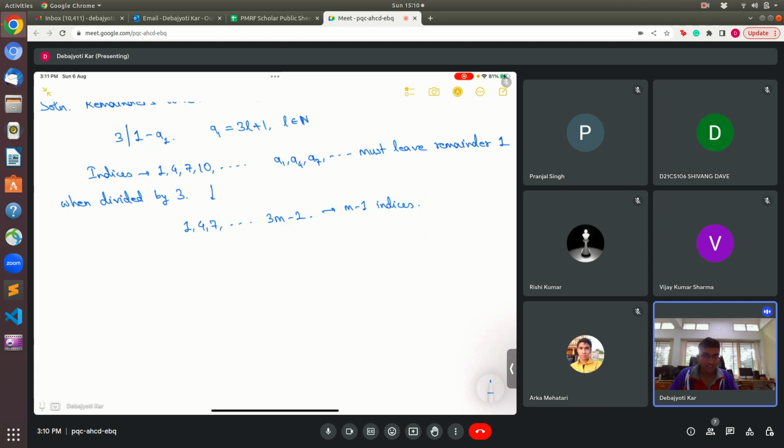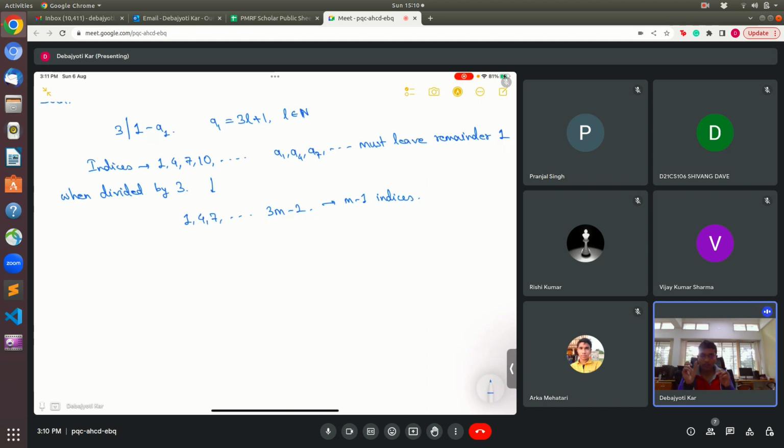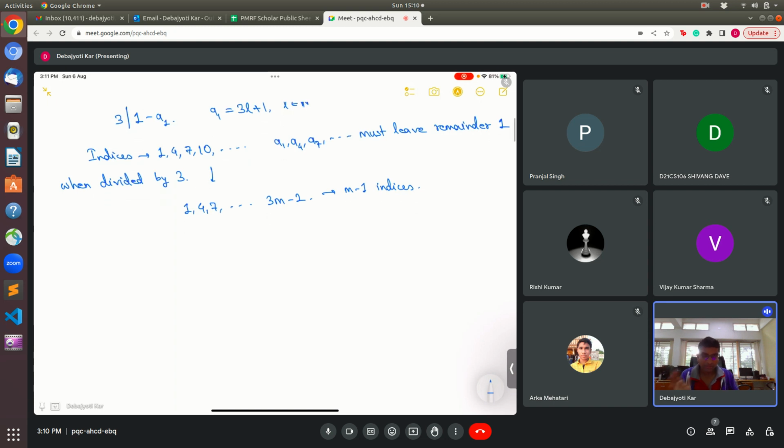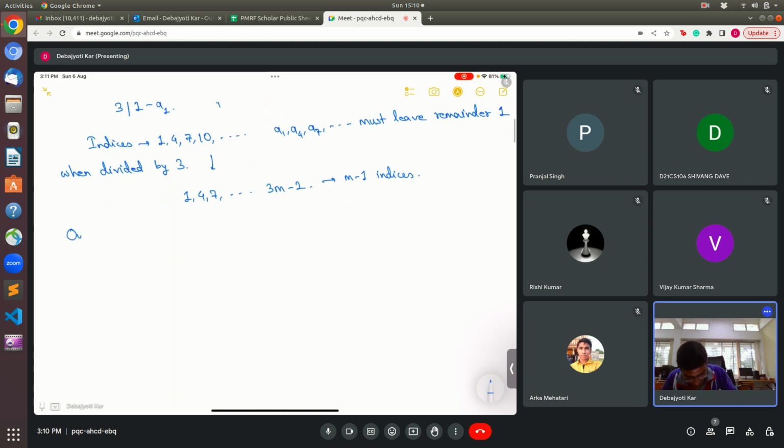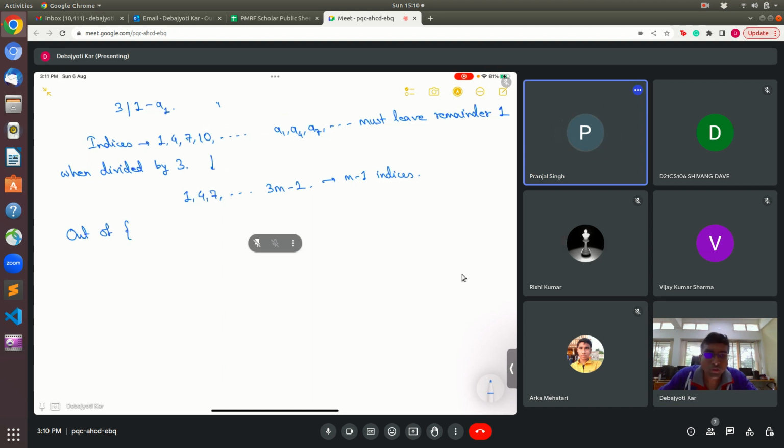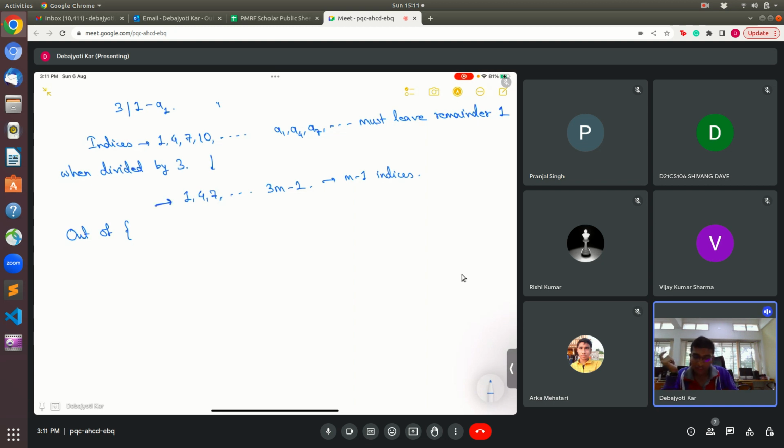And how many such numbers are there? Wait, isn't it m? In the set 1, 2, 3 up to 3m, which numbers leave remainder 1 on division by 3? Exactly these, 1, 4, 7 up to 3m minus 2.